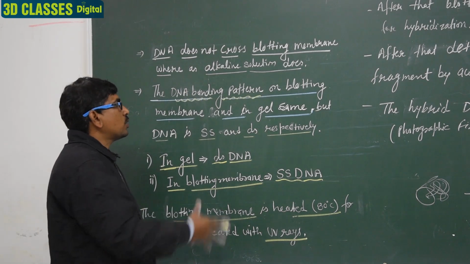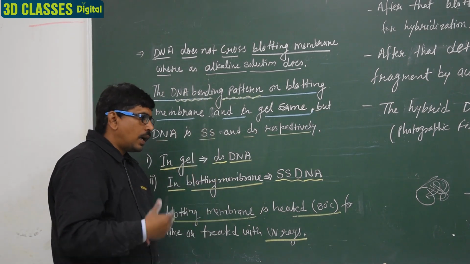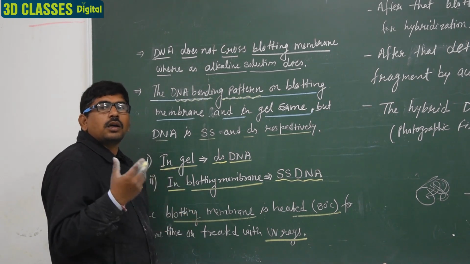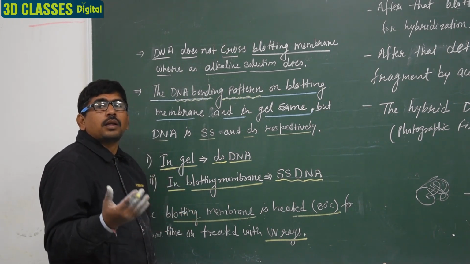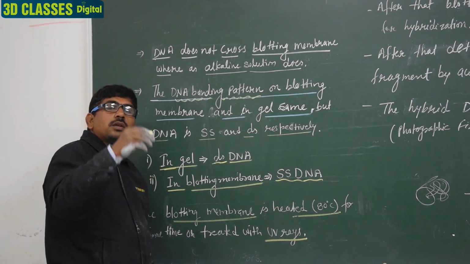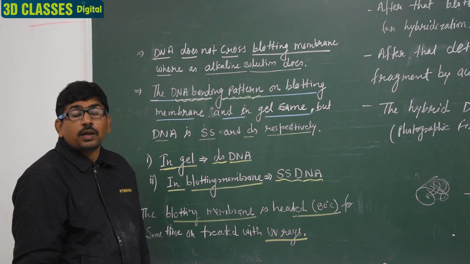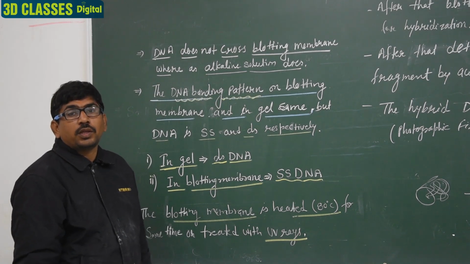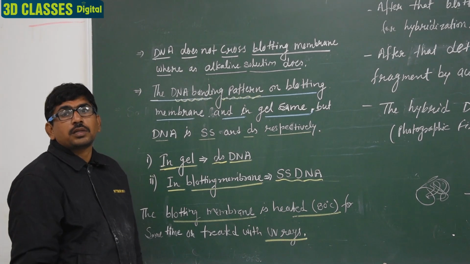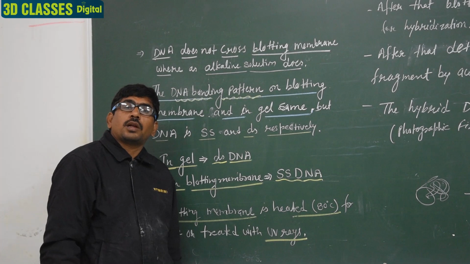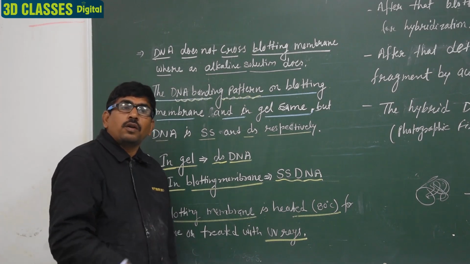Clear? After drying, the blotting membrane is treated with probes, and the probes hybridize with the desired DNA segment, and after autoradiography this DNA segment is represented on the photographic film.